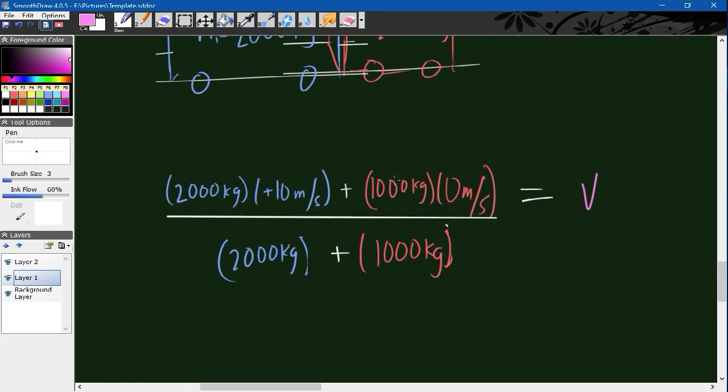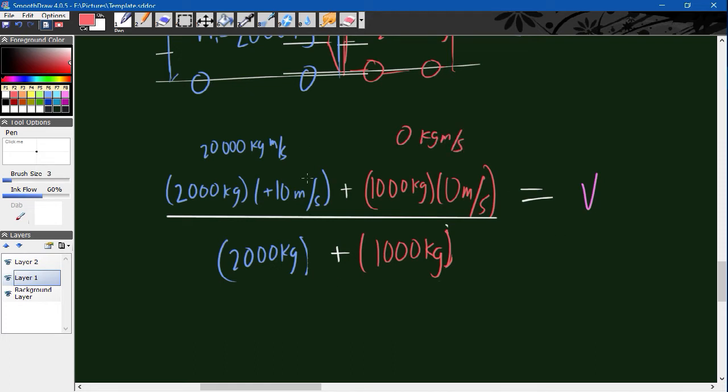So if we put this in a calculator, it's going to be 2,000 times 10 meters per second, which is 20,000 kilogram meters per second, and 1,000 times 0 is a fat 0 kilogram meters per second.